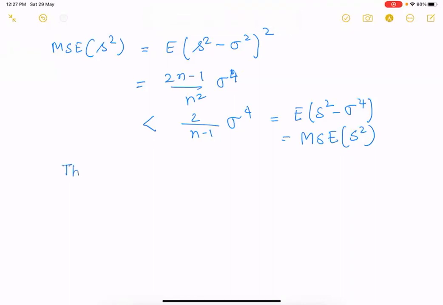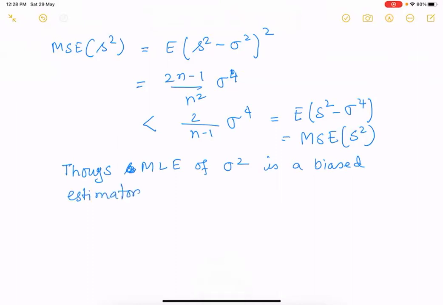Okay, so though the MLE of sigma square is a biased estimator, the mean square error of small s square is less than the mean square error of the unbiased estimator, which is capital S square.